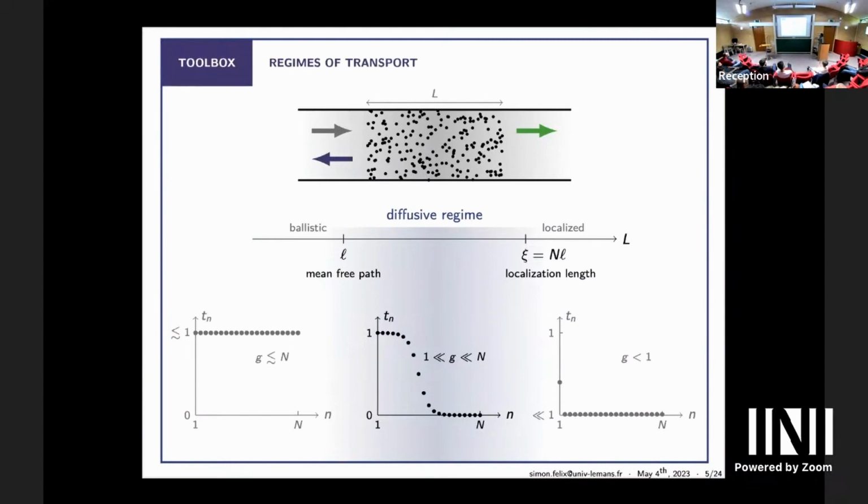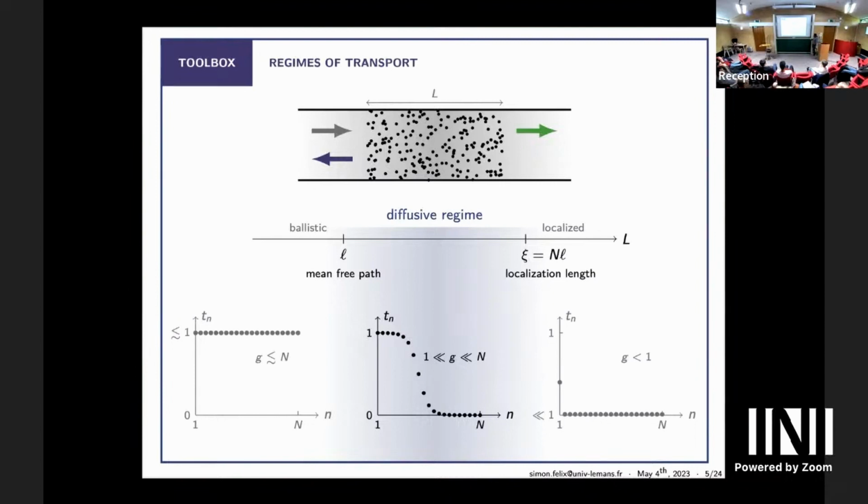In the localized regime, I do not put all the details, but you can have in mind that the first of these eigenvalues has a quite low value, but it is much larger than any other, so the transmission is dominated by only one transmission eigenchannel in the localized regime.